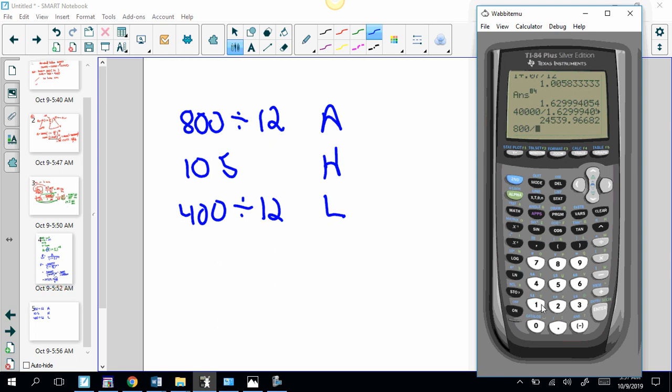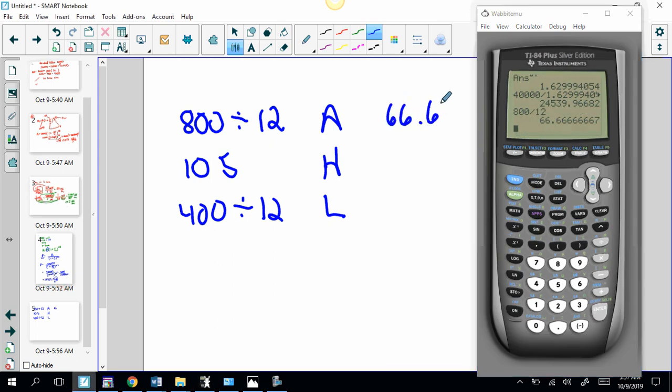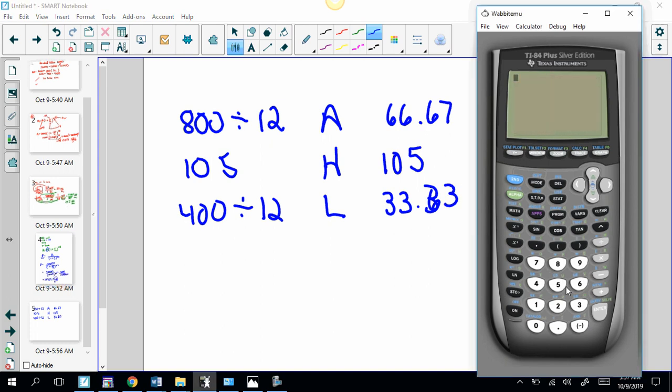800 divided by 12 is $66.67. 105, 33.333. 66.67 plus 105 plus 33.33, $205.